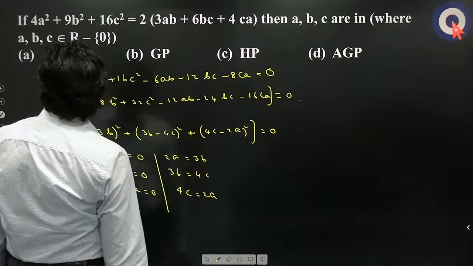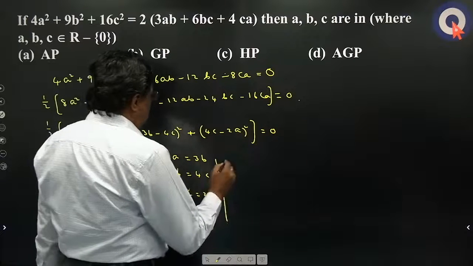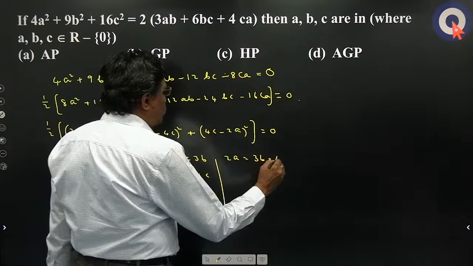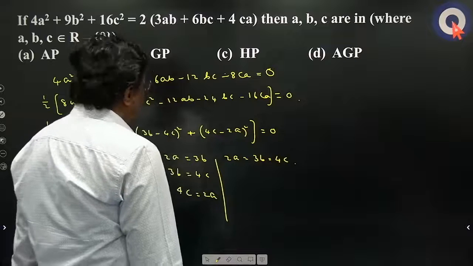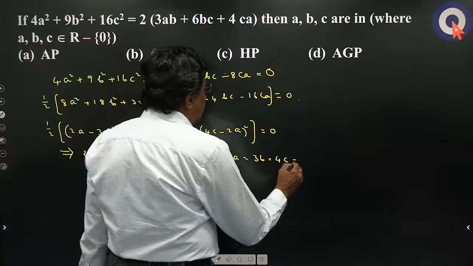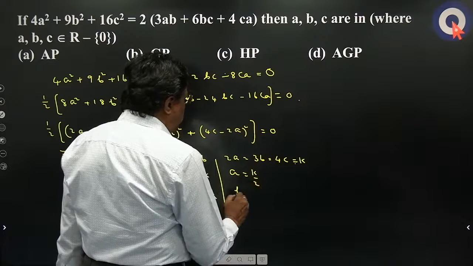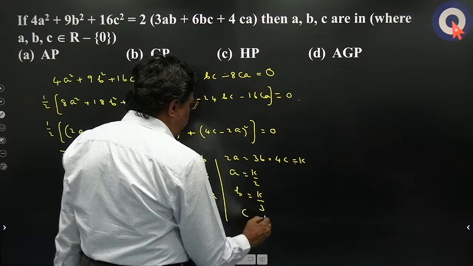So you have 2a is equal to 3b is equal to 4c. Let us say it is equal to k. So you have a is equal to k by 2, b is equal to k by 3, and c is equal to k by 4.